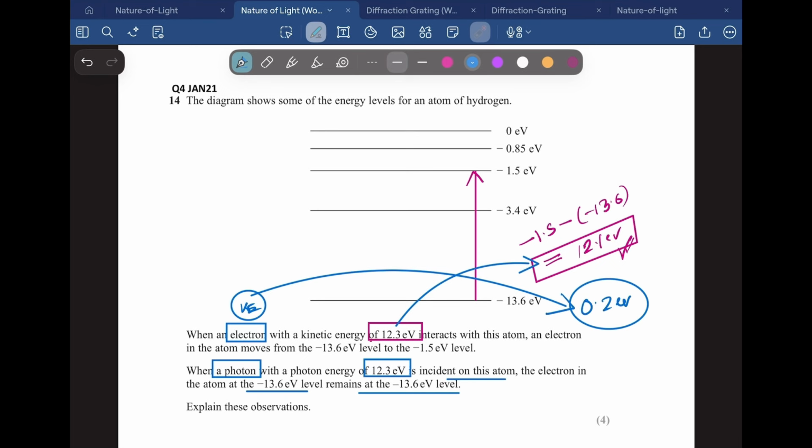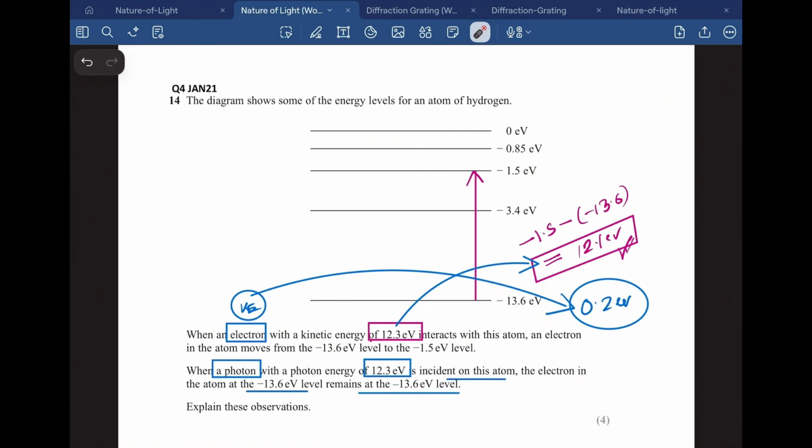The energy required for the electron to move from the lowest energy level to a higher energy level was 12.1 electron volt, whereas the photon energy is 12.3 electron volt.